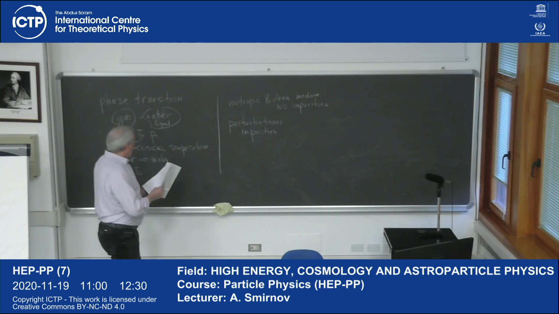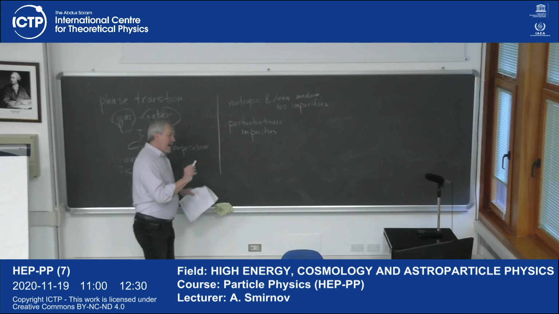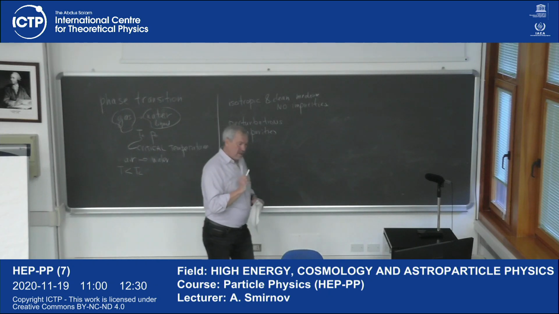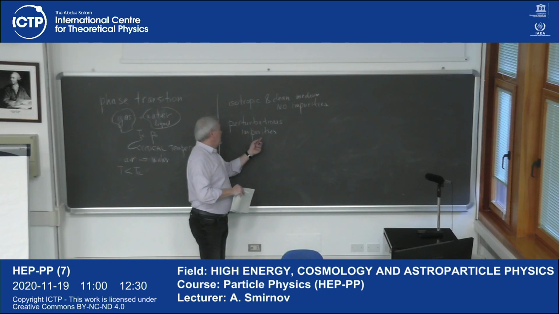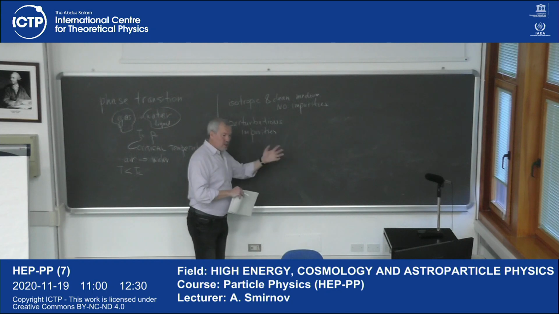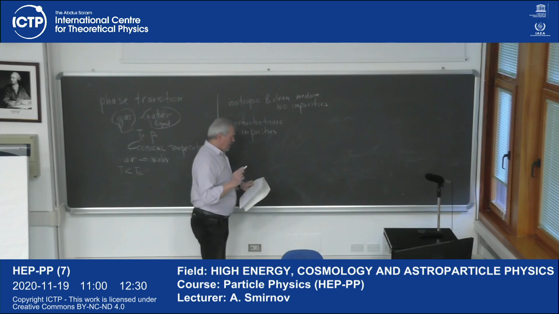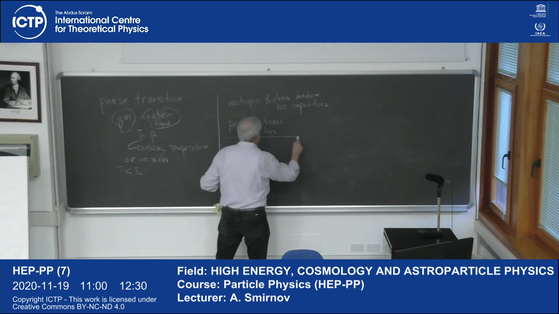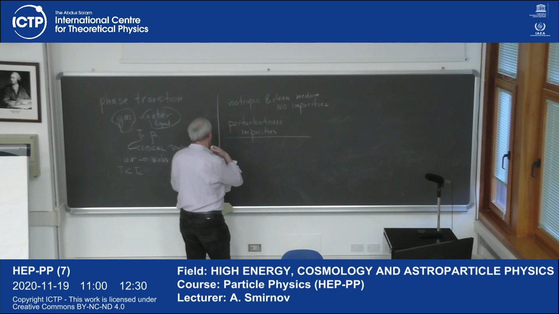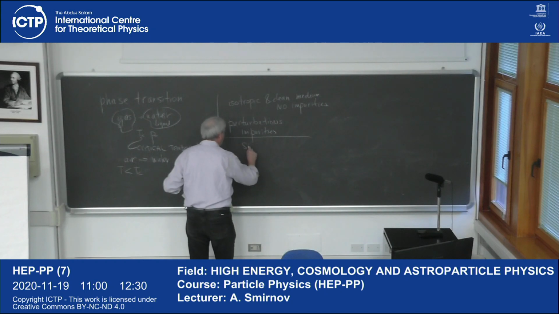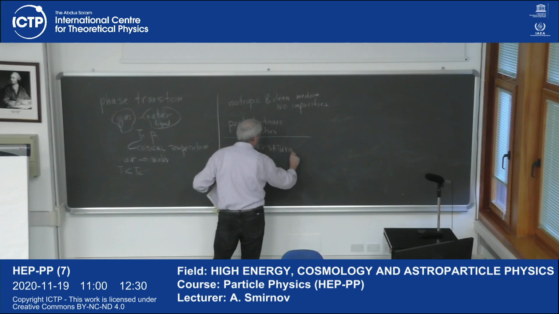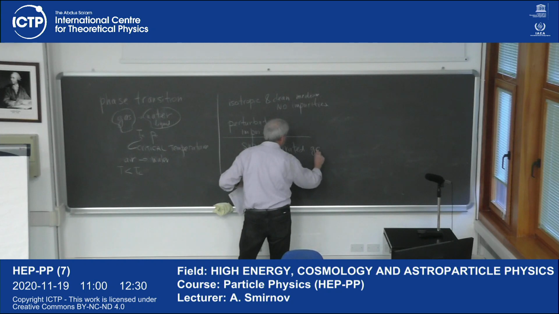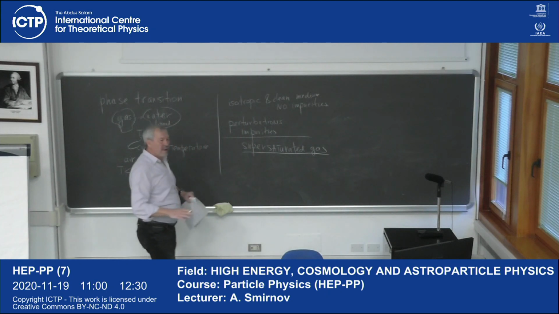So what I want to conclude here is that the primary effects produced by a particle can actually be these impurities or perturbations which lead to phase transition. So in our example, we can create what is called supersaturated gas, which is the gas at conditions below critical.